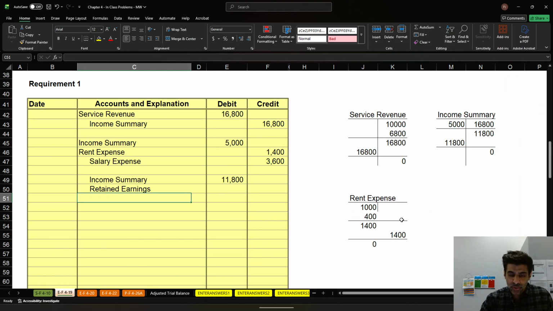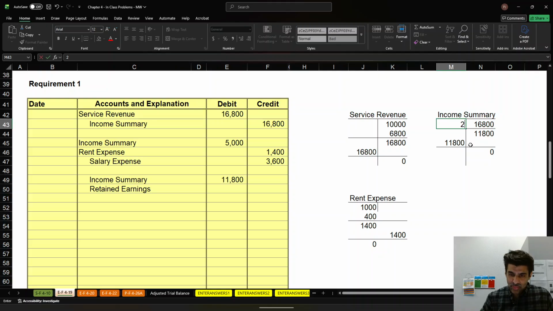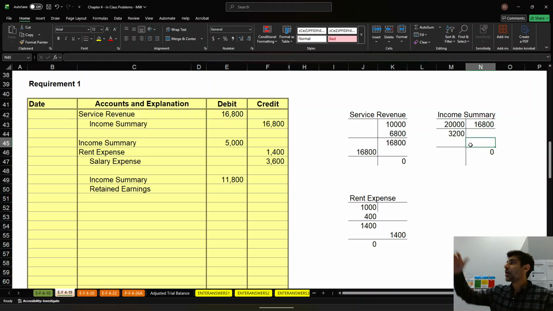Now that's only true. It's not always going to be true. Let's say I actually had $20,000 of expenses. Okay, I would have a debit balance in income summary of $3,200. And in that case, I would need to credit income summary, debit retained earnings to close it.